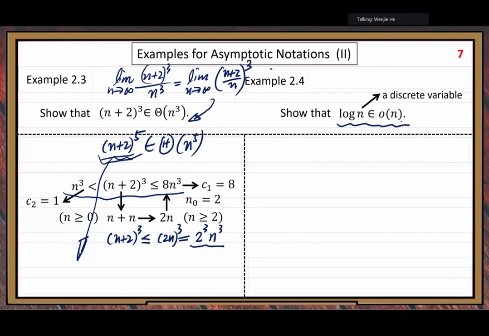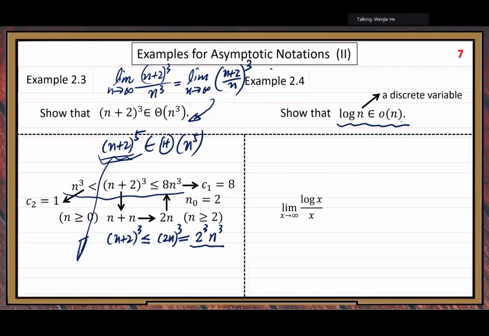Because it is a discrete variable, if you want to take a derivative, you cannot do it directly. So for that reason, we switch to the continuous variable version. x is a continuous variable, so log of x over x is the continuous version, and the derivative exists.